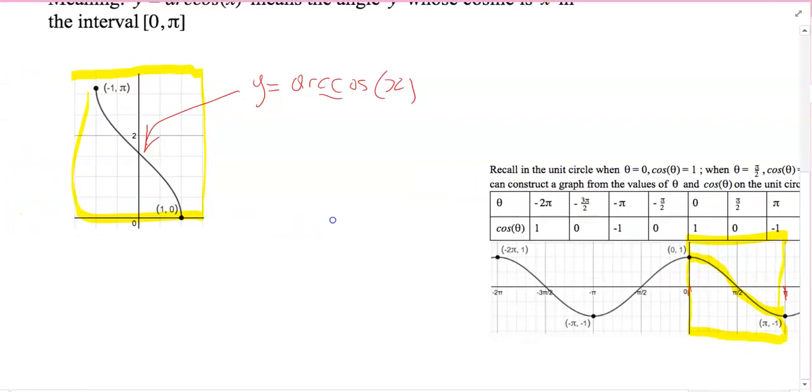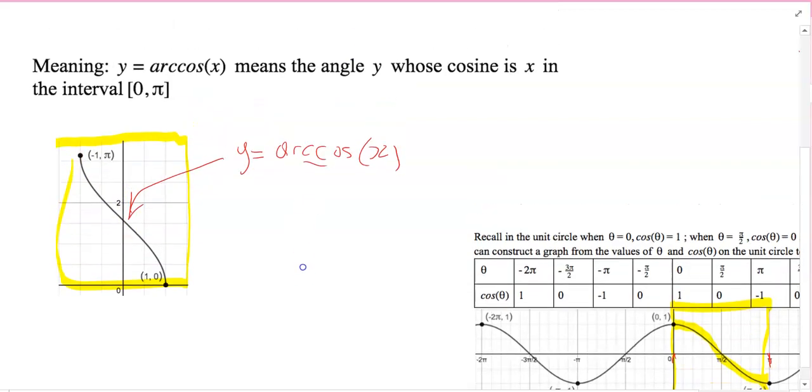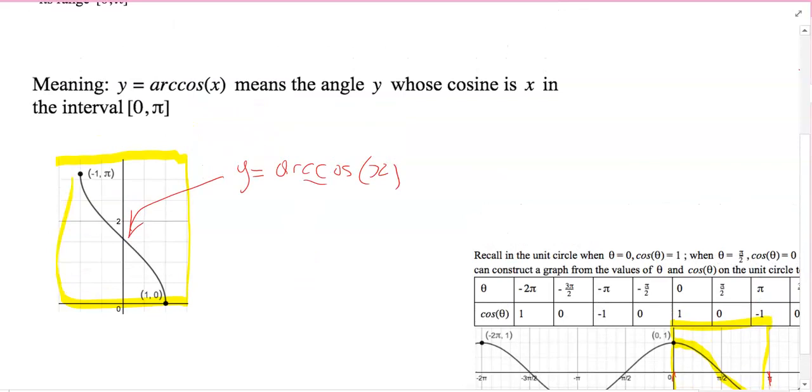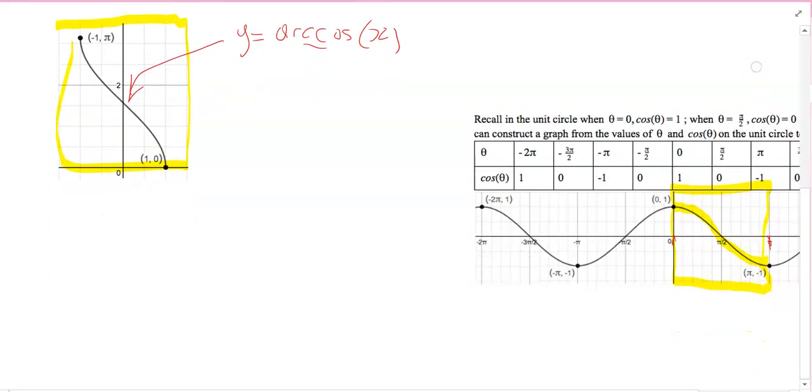We interchange the domain and range, and we have our arccosine function, or inverse cosine function, y is equal to arccosine of x, or cosine inverse of x. What's the meaning? It means that y is equal to arccosine of x means the angle y whose cosine is x in the interval 0 to pi inclusive.